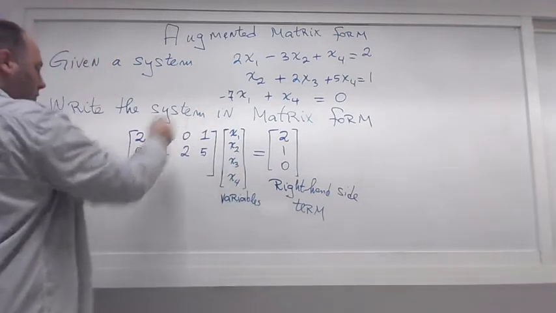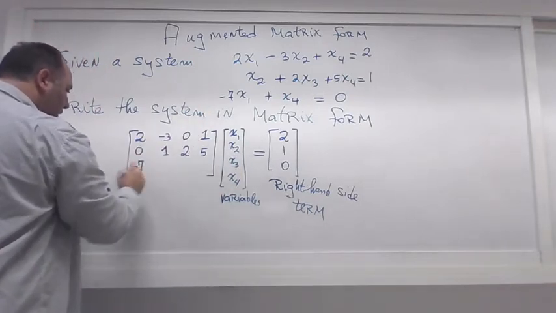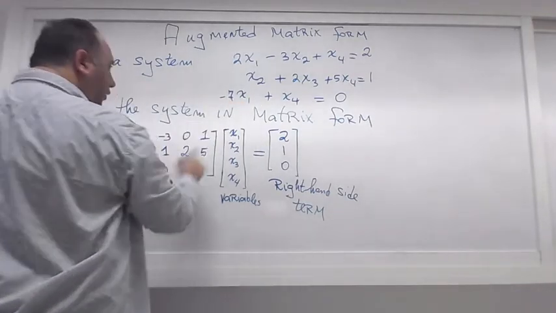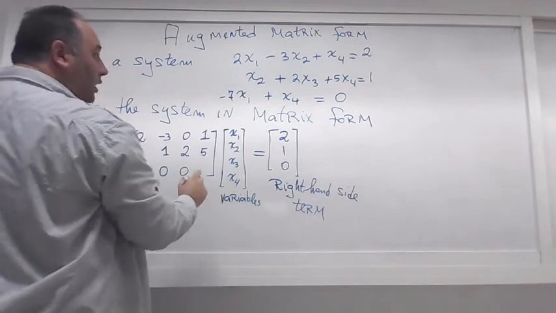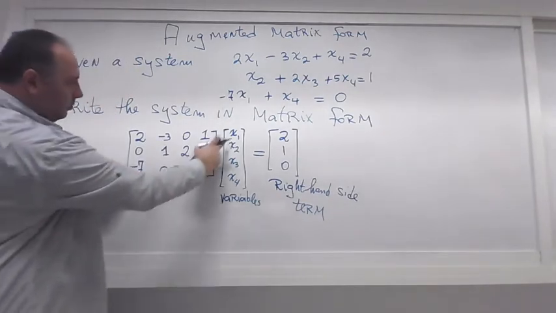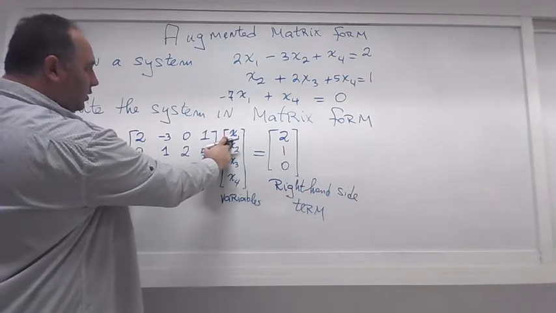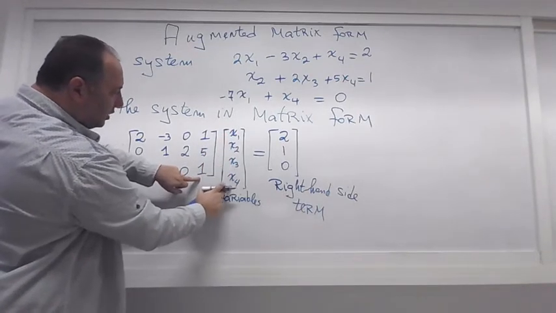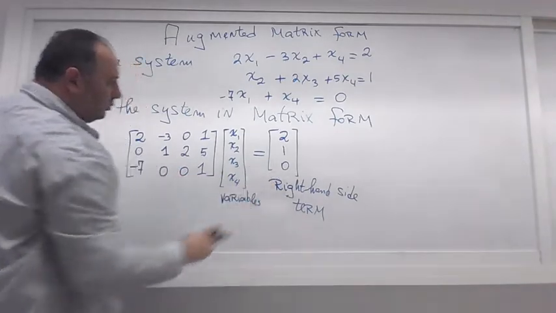Okay, the last one was minus 7 in front of x1. Then in front of x2 is 0. In front of x3 is 0. And in front of x4 is 1. So I have minus 7 x1 plus 0 x2 plus 0 x3 plus 1 times x4 equal 0.